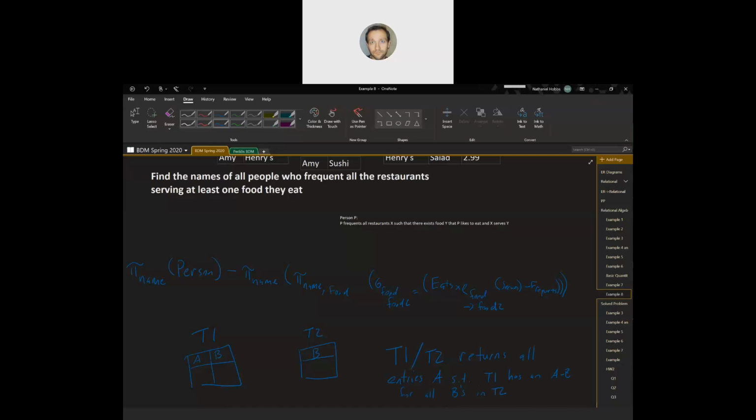So this is really what's happening in this type of query.